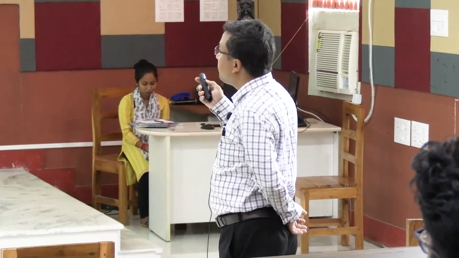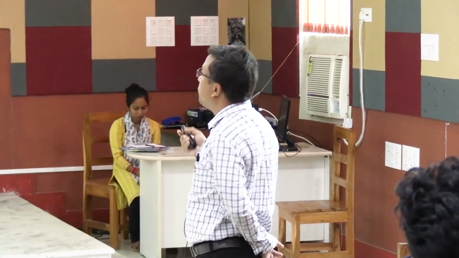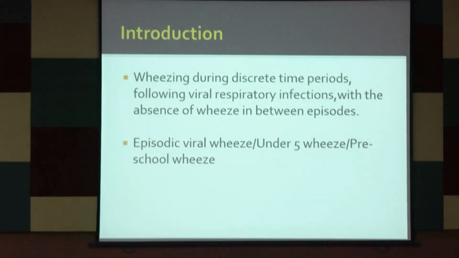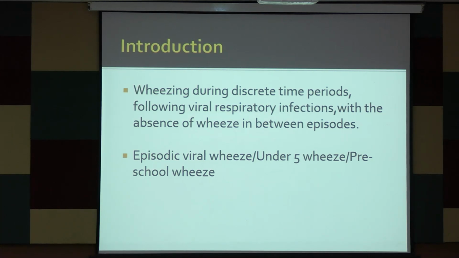Here the baby also comes with wheezing during discrete periods of time, following every viral infection, with cough and wheezing, and with absence of wheeze in between the episodes. In between the episodes, the child is completely normal.